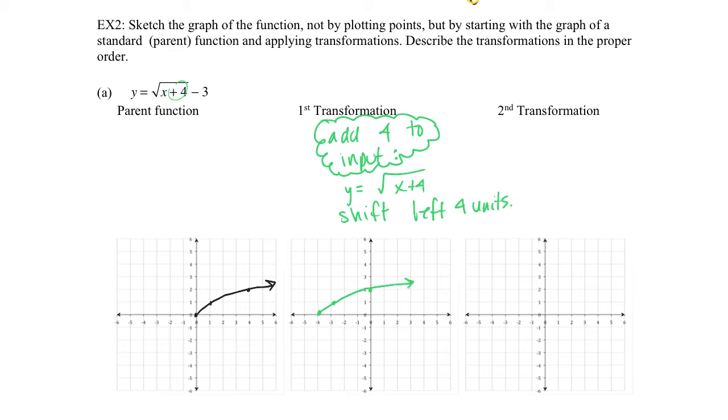Okay, good. And now we're going to subtract 3 from the output. We're going to subtract 3 at the end, so that just slides everything down 3. So now we're at -4, 1, 2, 3. All right, there we go, done.